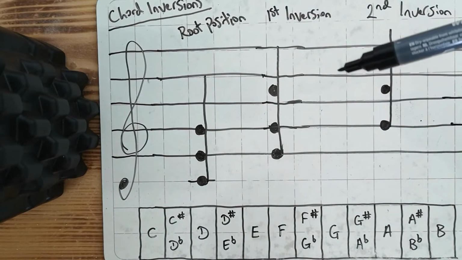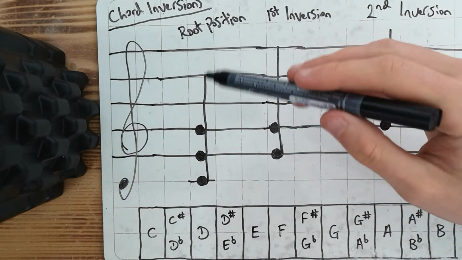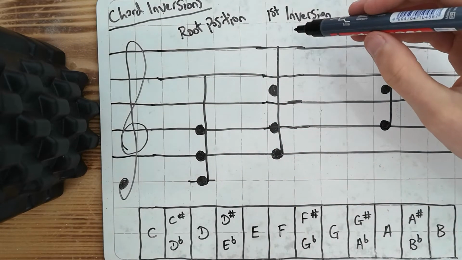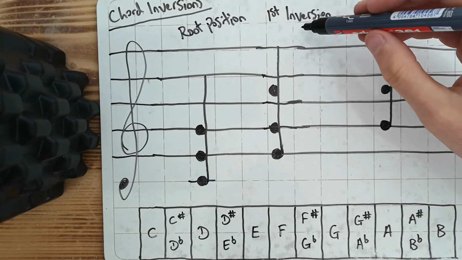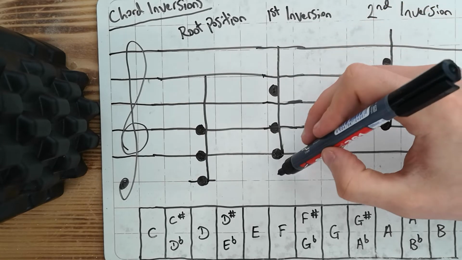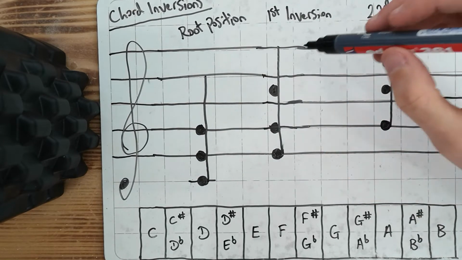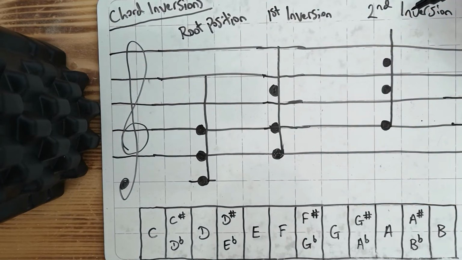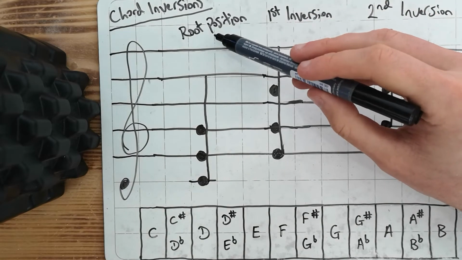I haven't got a piano here unfortunately, but if you play a chord in root position, it sounds stable, it sounds strong. If you play it in first inversion, it sounds a bit weak, because the root note is not in the bass. Because it's up high, and I've got our third in the bass, it sounds a bit weak. Second inversion sounds a bit stronger, but not quite as strong as in root position.